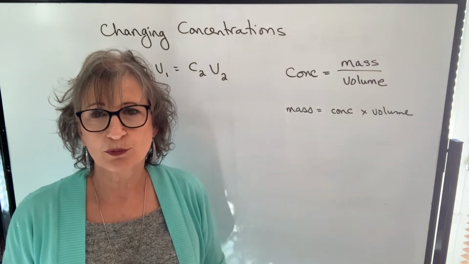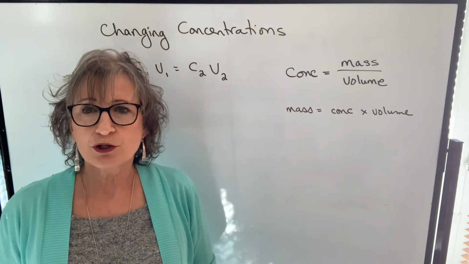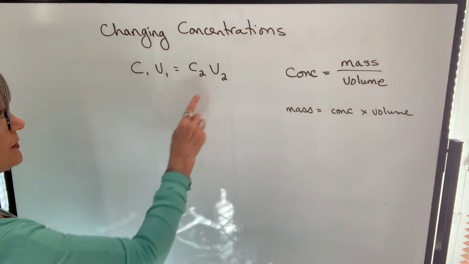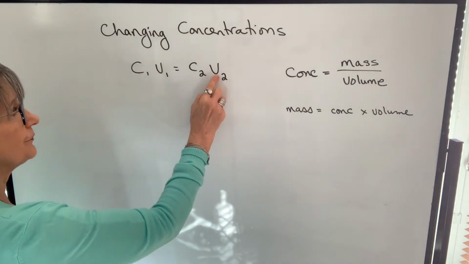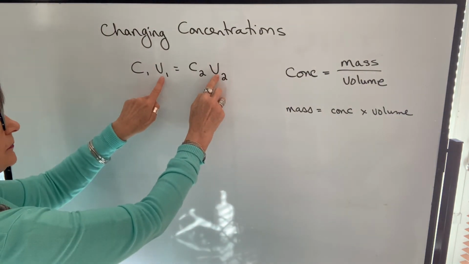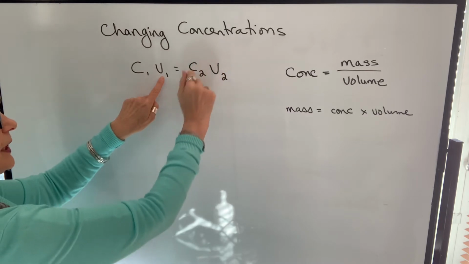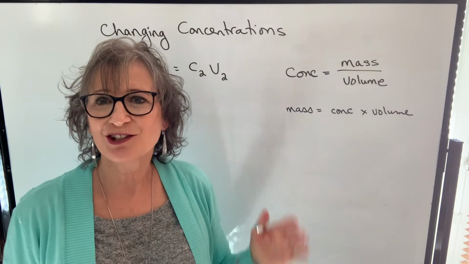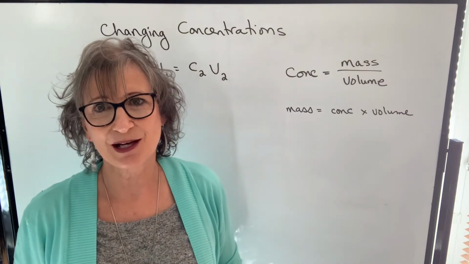That is an inverse proportion. In inverse proportion, as one value goes up, the other value goes down. So as we increase the volume from what it was, because that's going up, the concentration has to decrease. Let's take a look at using this formula with examples.